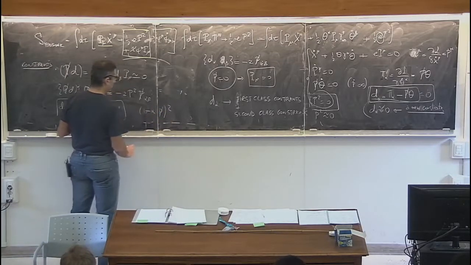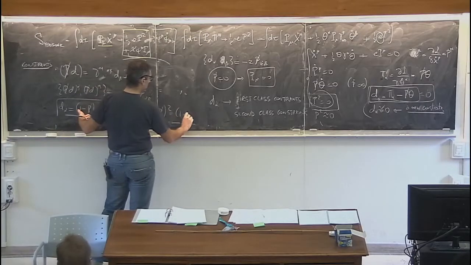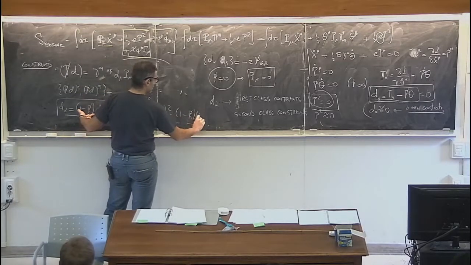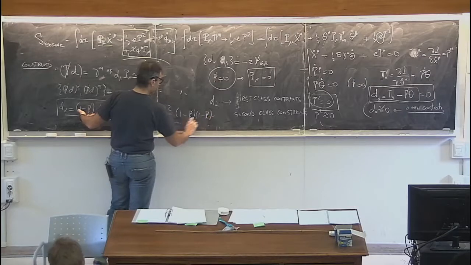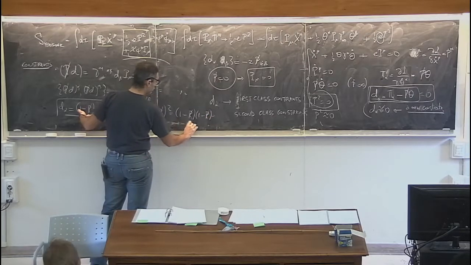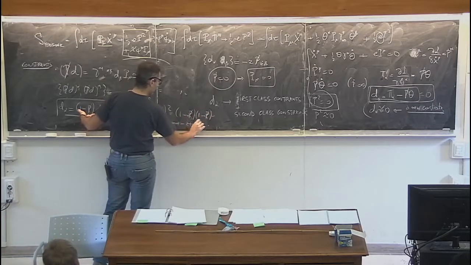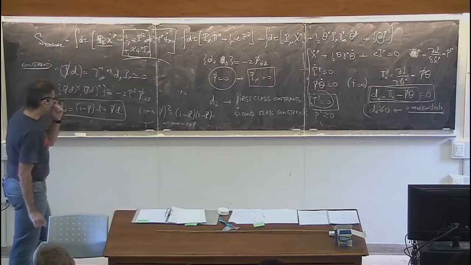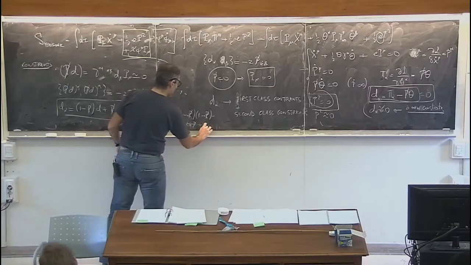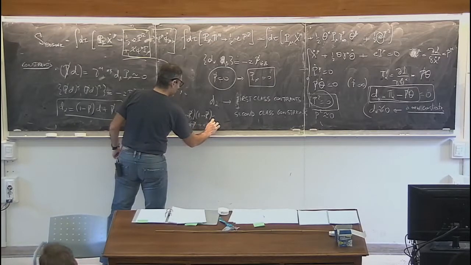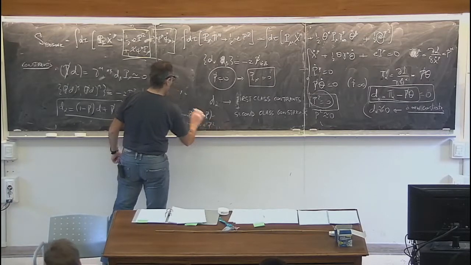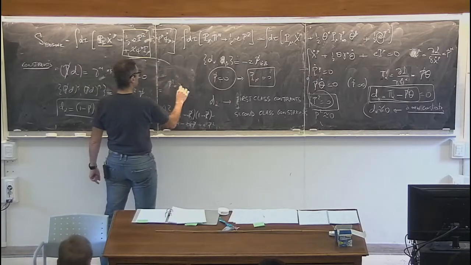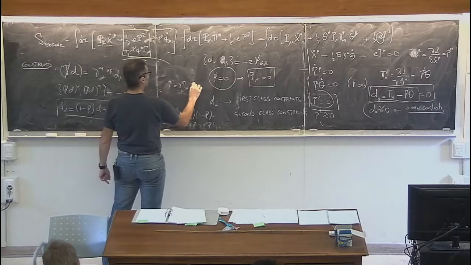Let me calculate this one. This gives you 1 minus p slash times 1 minus p slash. This gives you 1 minus 2 alpha p slash, and then plus alpha square p slash square, but p slash square is gamma mu p mu gamma nu p nu.